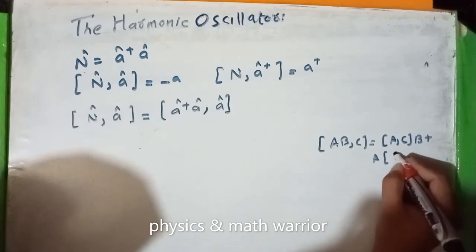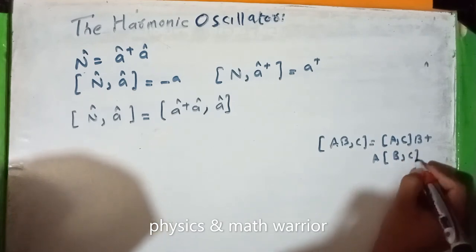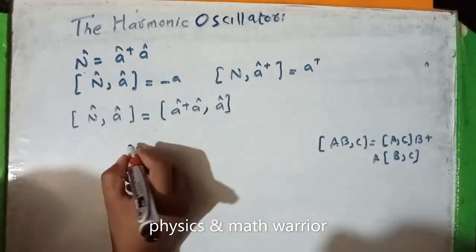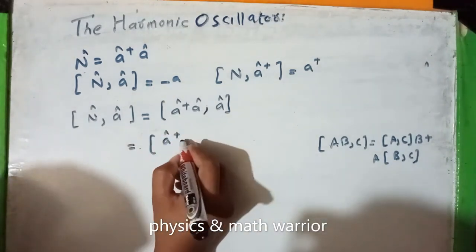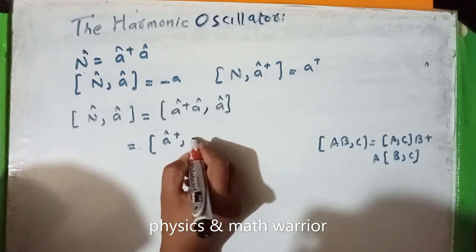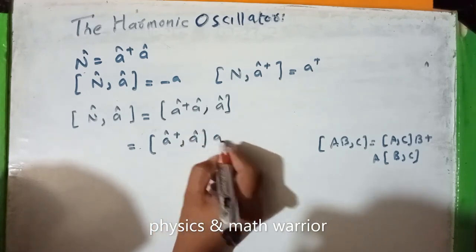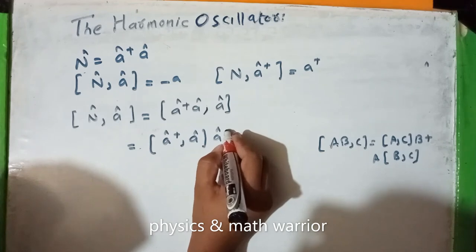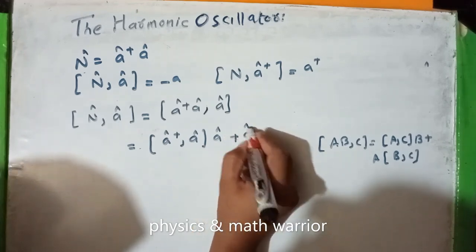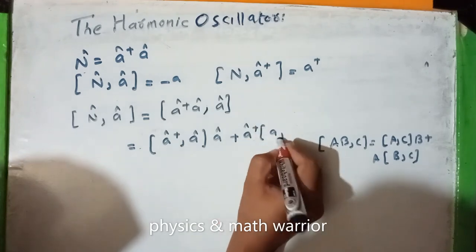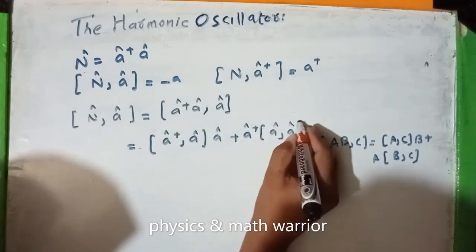So this term is equal to a dagger commutator of a dagger and a multiplied by a plus a dagger commutator of a and a.